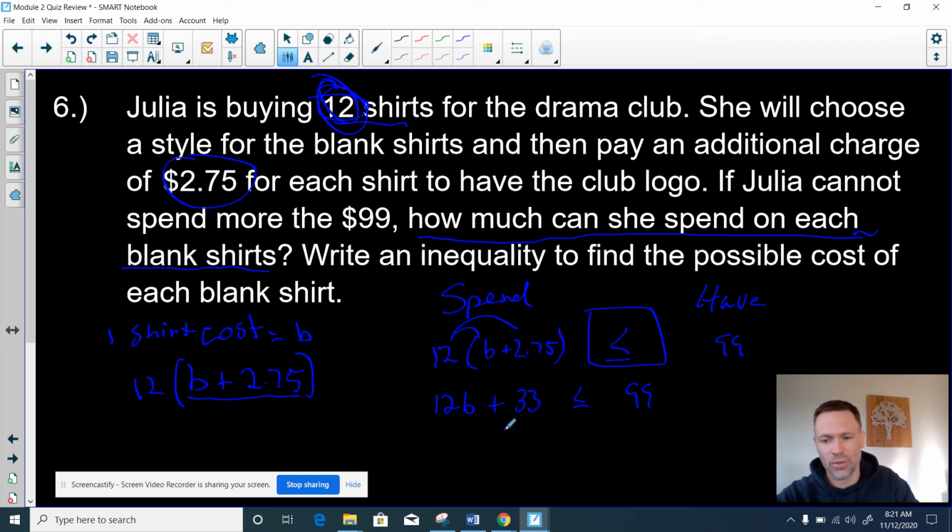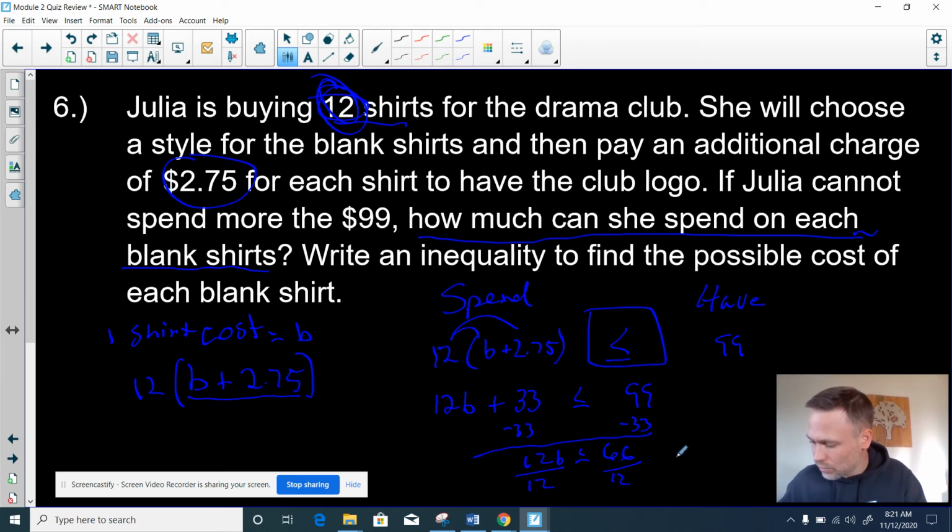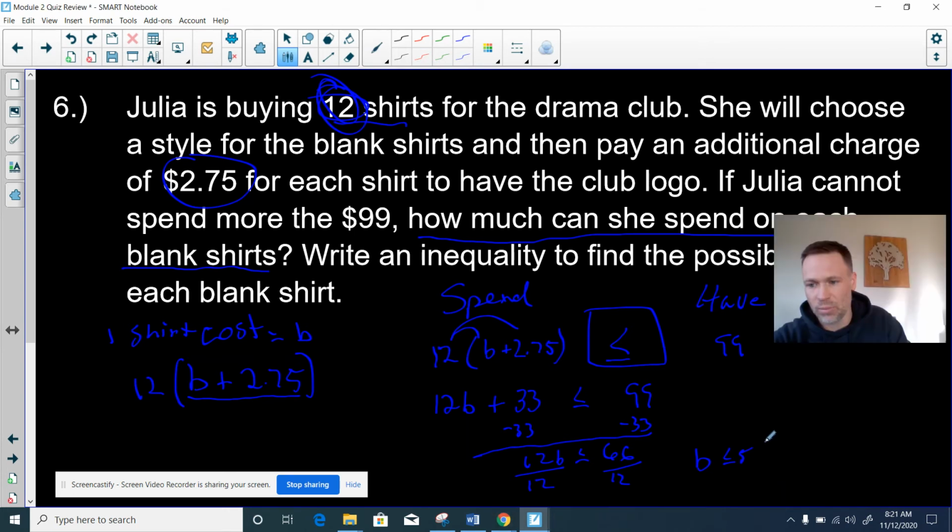I'm going to subtract the 33 from both sides. That gives me 12B is less than or equal to 66. I will now divide by 12, and B has got to be less than or equal to 5.5.